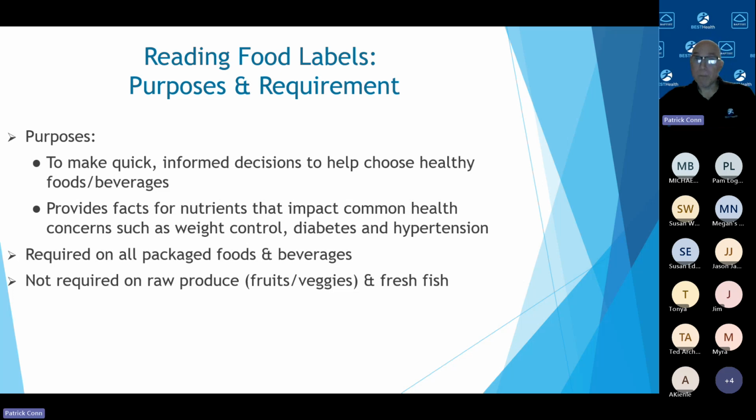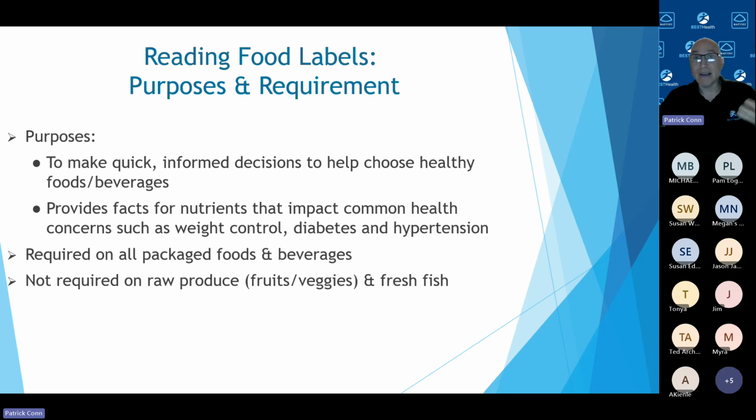So the purpose of food labels is to make quick, informed decisions to help you choose healthy foods and beverages. Just like Ted said, he looked at that and it made him make an informed decision, and it really shocked him how many calories are in that one burrito.